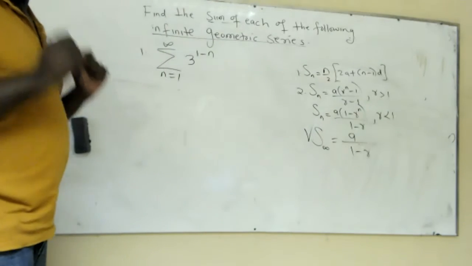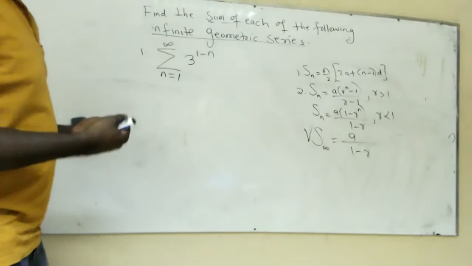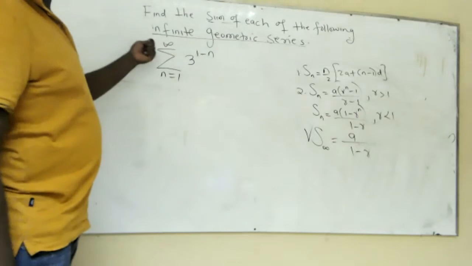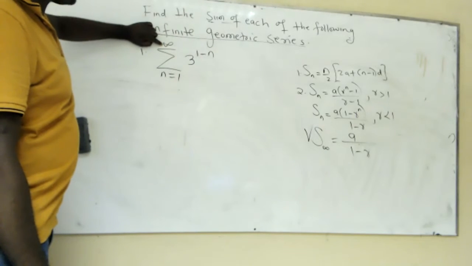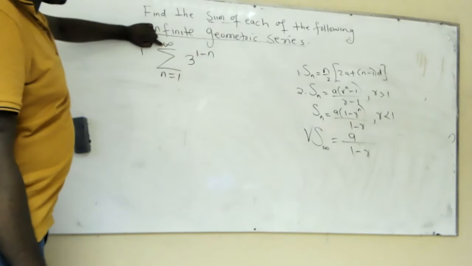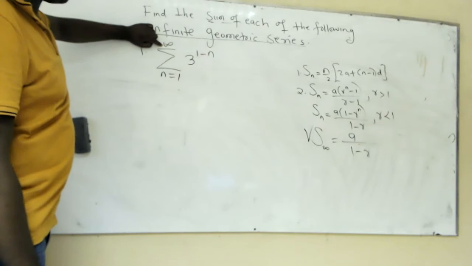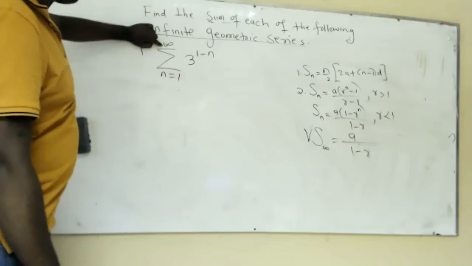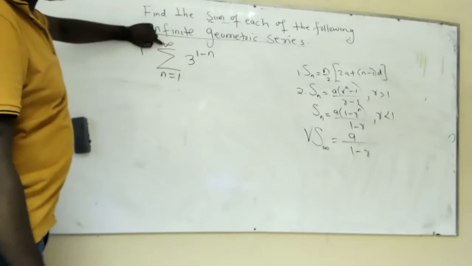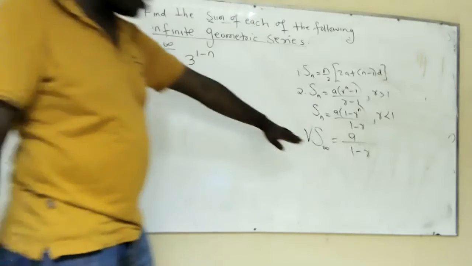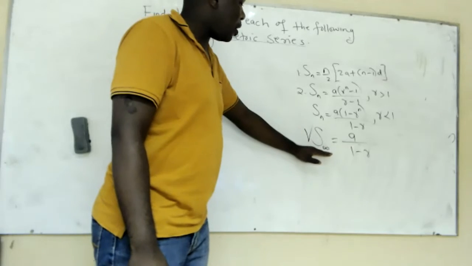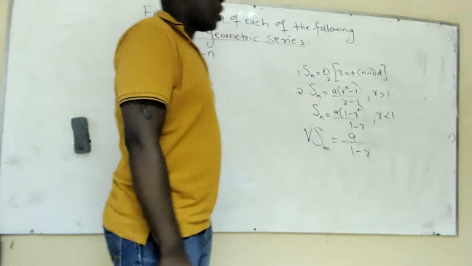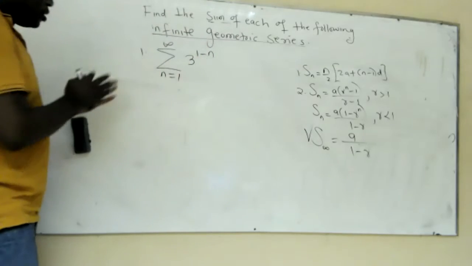Again, the other indicator which tells you about the formula you're supposed to use is what we have up here. You can see we no longer have the capital N or the n. We now have the infinity. That also guides you that what you are dealing with is infinity summation.